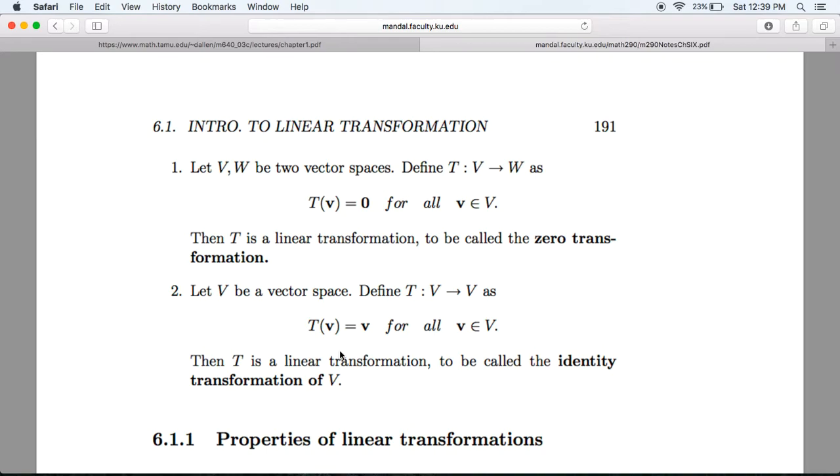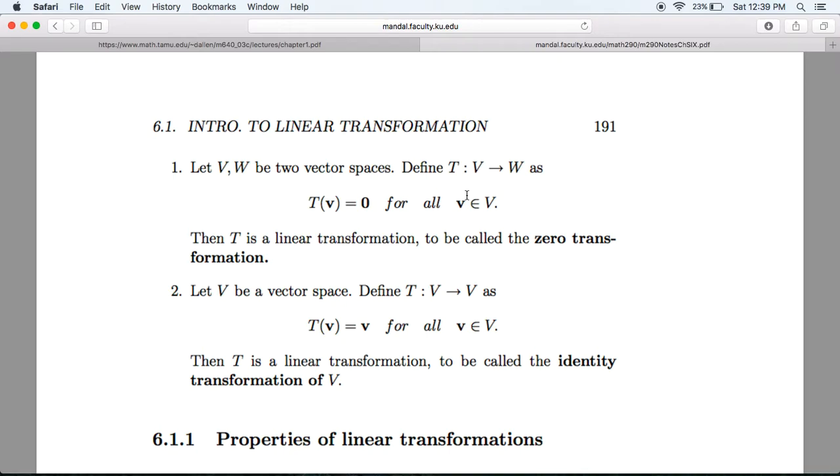Examples of linear transformations. If V and W are two vector spaces, we can define a function T from V to W as T of v is 0 for every small v in capital V. This is a constant function and it points to the 0 vector for every element in the domain.